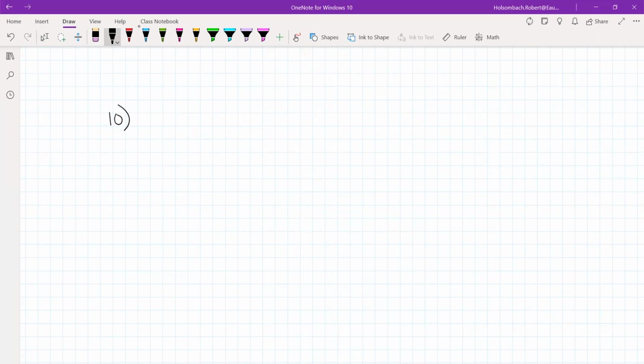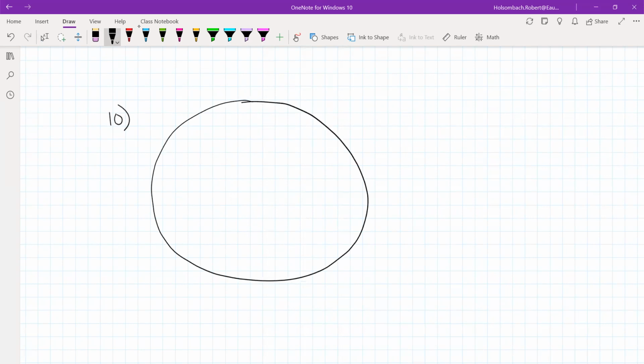All right, number 10. In number 10 here, we got point D on the left of the circle and point B on the right of the circle, and we're going to connect them.